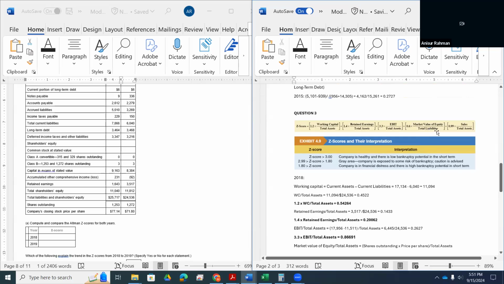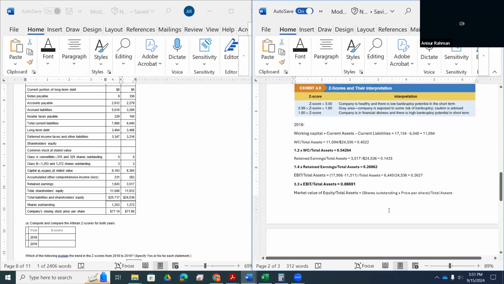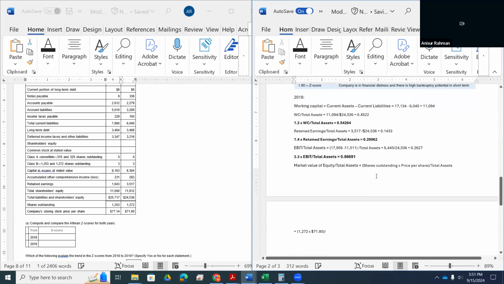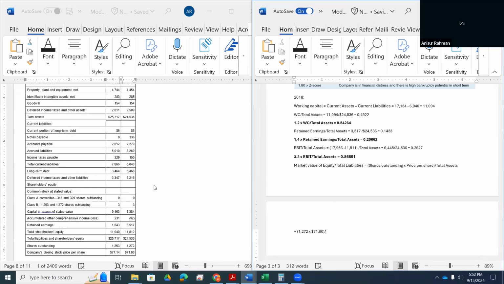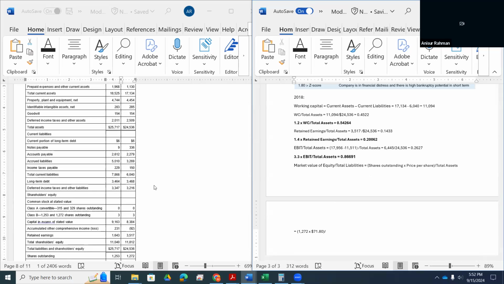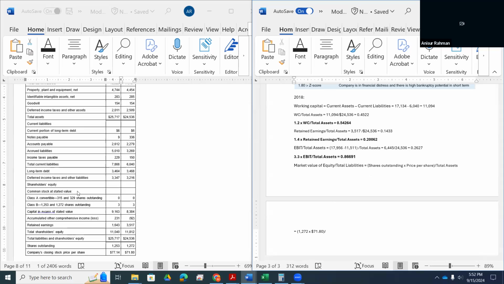It was actually total liabilities, not total assets. So our total liabilities, it doesn't give us total liabilities, but we can calculate.